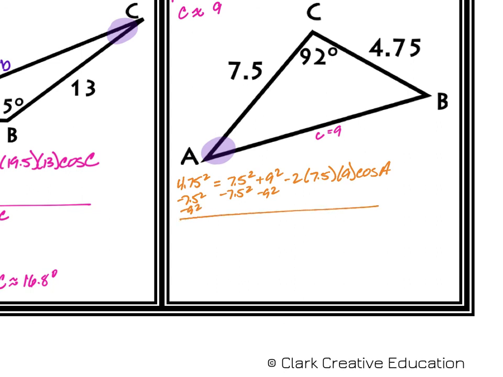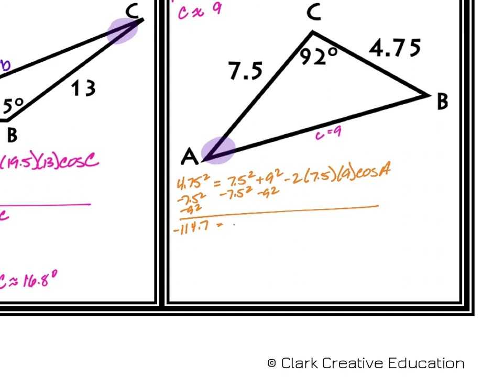And I'm going to get left with negative 114.7 equals, and then, let's see, what do I get then?